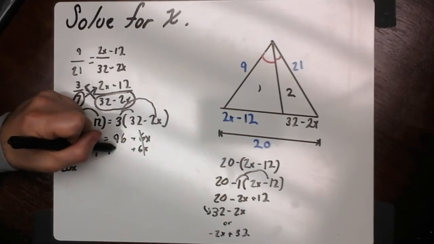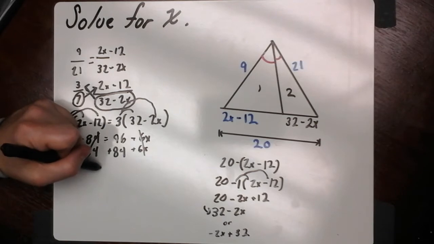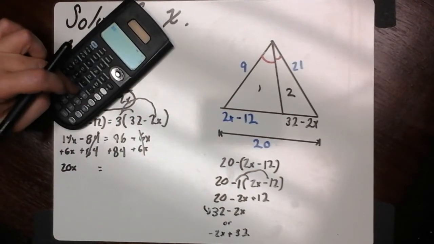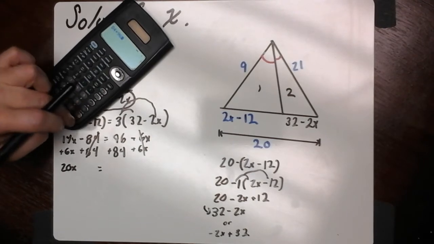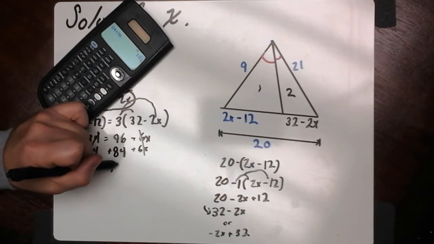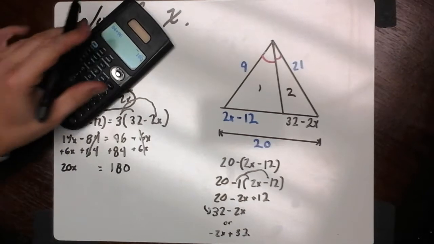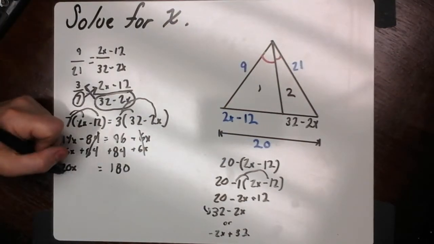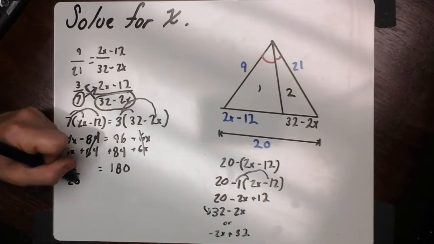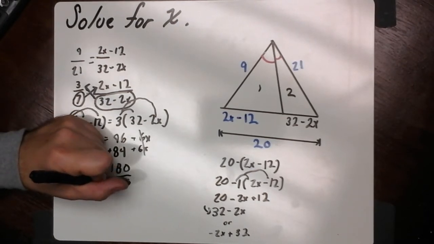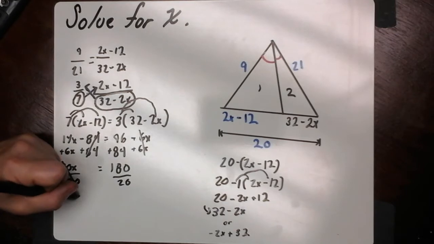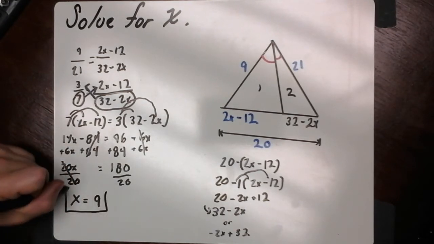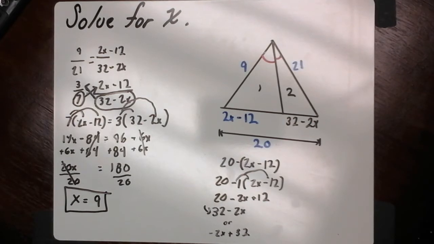And I'm going to add 84 to the 96. So 84 plus 96 is 180. Then I'm going to undo this multiplication here. So I'm going to divide by 20. So x equals 9. And that's how we do that.